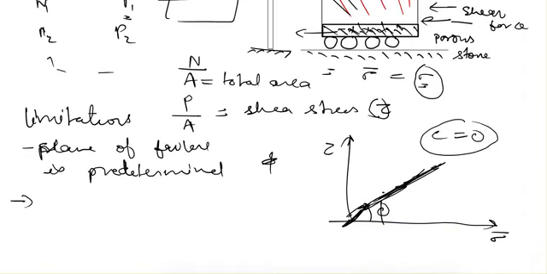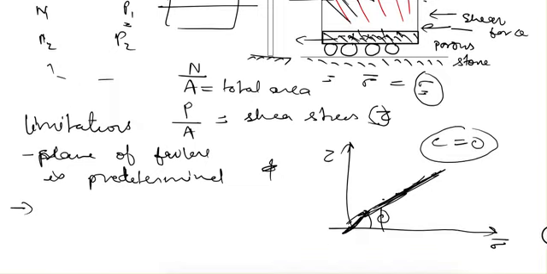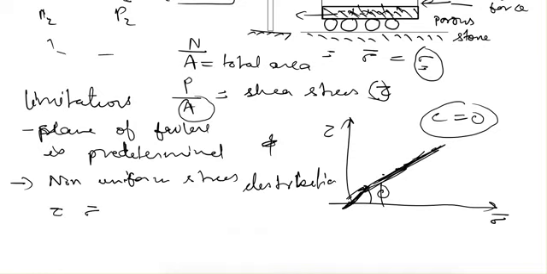And next is non-uniform stress distribution. That means when we shear this block here, on the edge this stress will be more, and on the middle part stress will be less. So because of that, non-uniform stress distribution is there, and we are finding this shear stress and effective stress depending upon the total area.